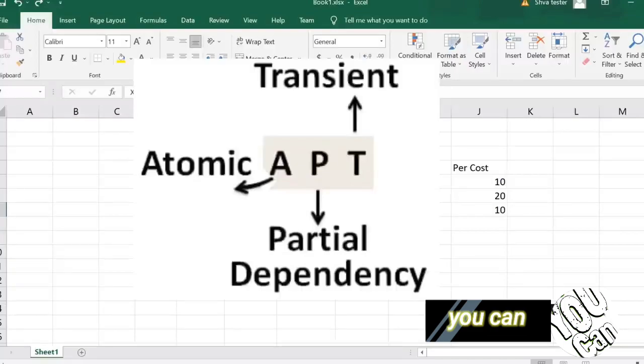There is no shame or low thinking in revising something. So use good technical vocabulary like atomic, transient, partial dependencies, anomalies, to answer this question. So again, I repeat the answer: atomic, partial dependency, and transient.